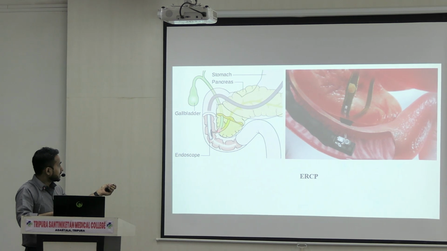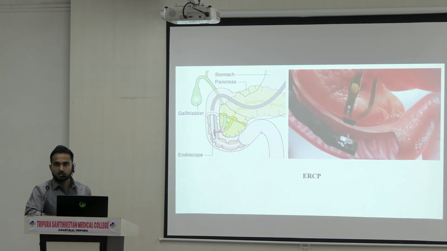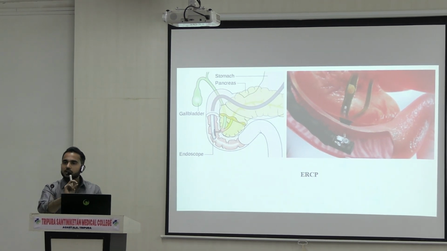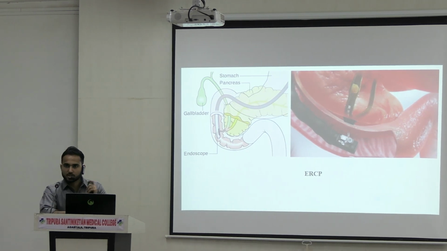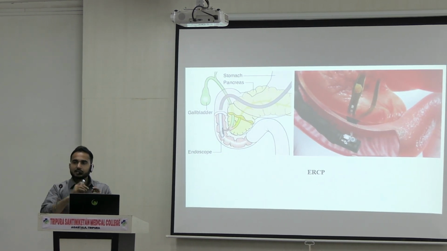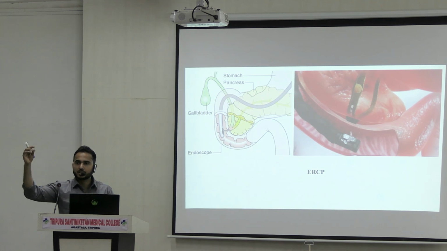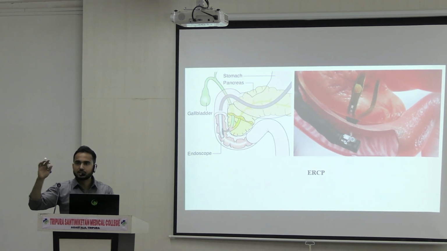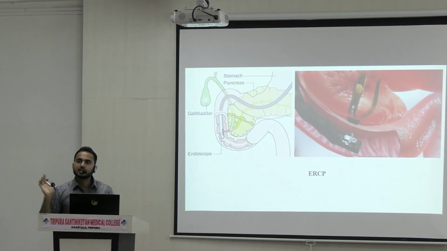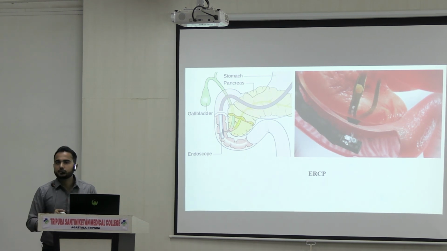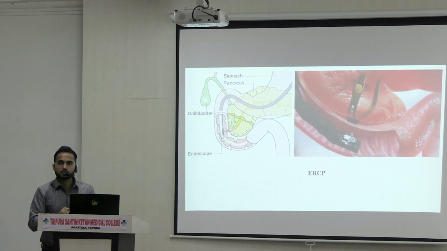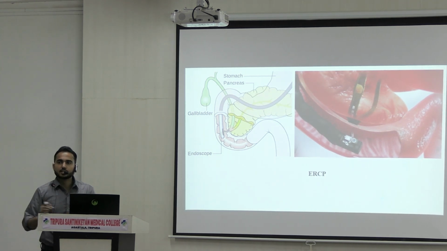With the help of the catheter the contrast media is injected at the major duodenal papilla. At that time the contrast will flow in the opposite direction in both ducts, the common bile duct and the main pancreatic duct. Once the contrast media is flowing, that can be seen under fluoroscopy, and then a series of X-rays are taken.